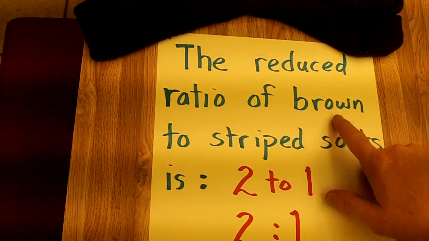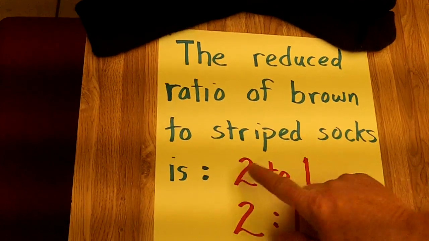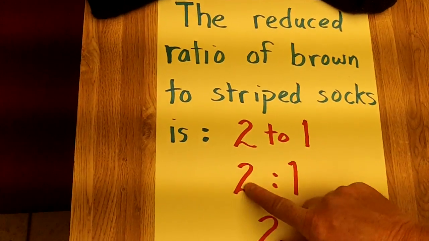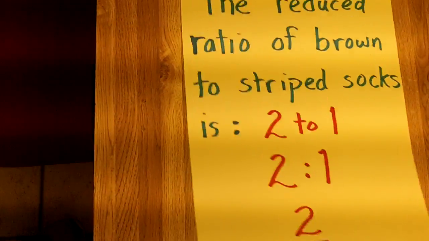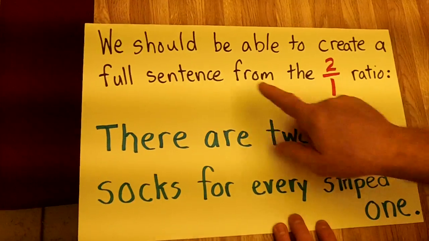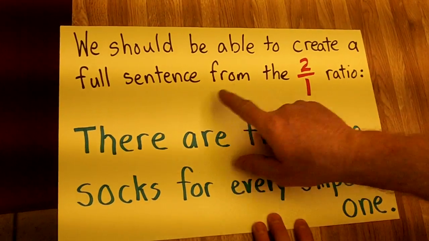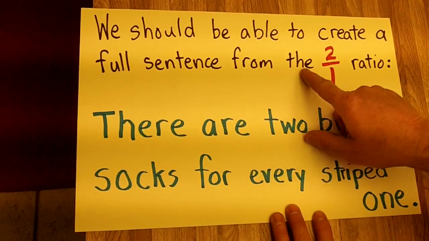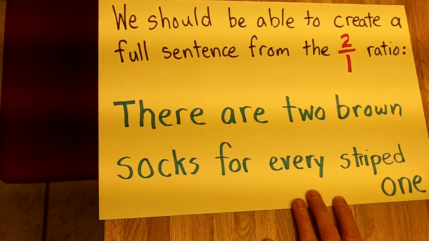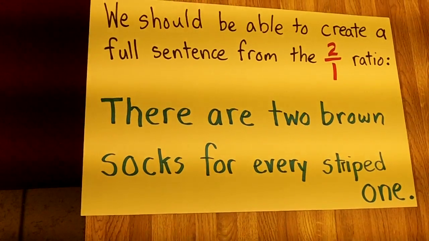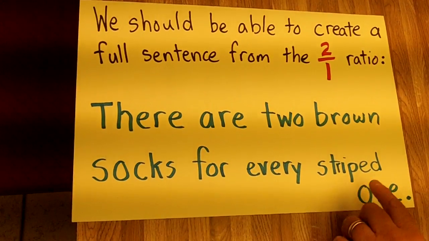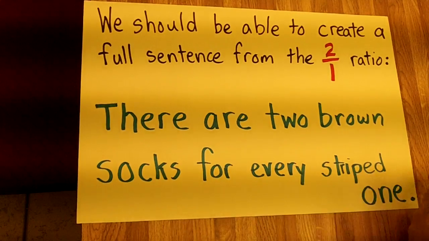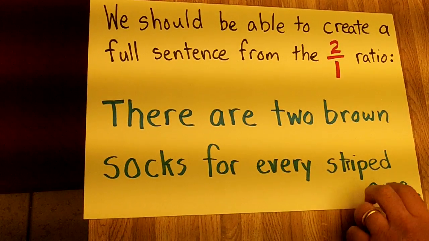The reduced ratio of brown socks to striped socks is 2 to 1, 2:1, or 2 over 1. Now, we should also be able to create a full sentence from the reduced 2 to 1 ratio. So we say something like this. There are 2 brown socks for every striped one. Or there are 2 brown socks for every striped sock.